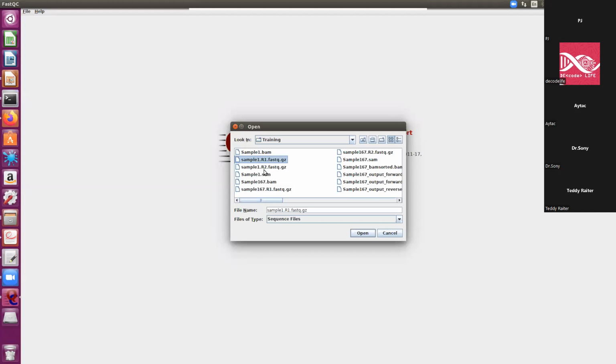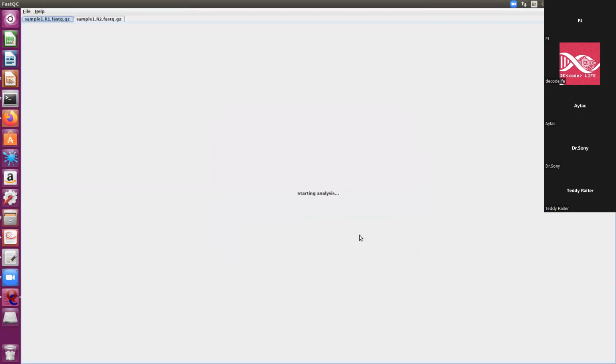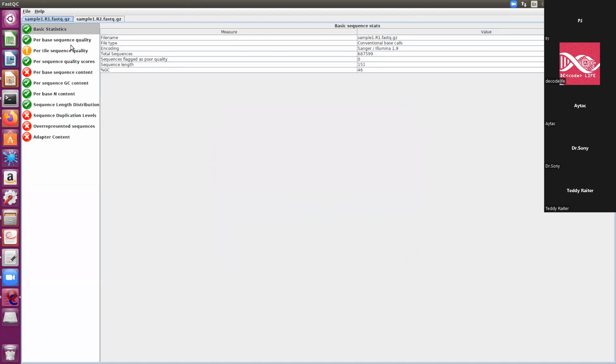First, I will show the quality check of these two. This is read 1 and read 2 for one sample. You will select and open it. Once it opens, it will take some time and give you the result. Yes, see. Now we got the result showing how the quality is and what the basic stats are. First of all is the basic statistics of our file.